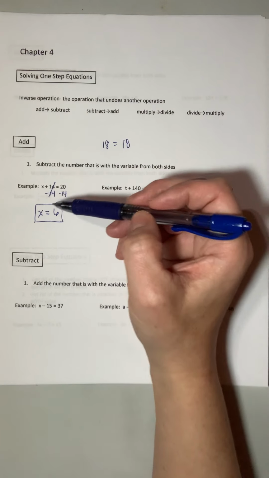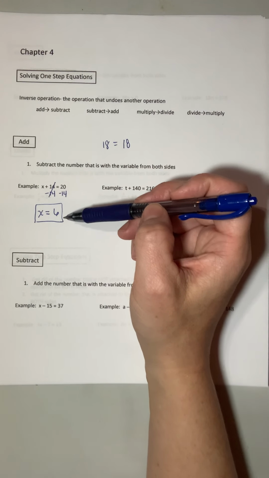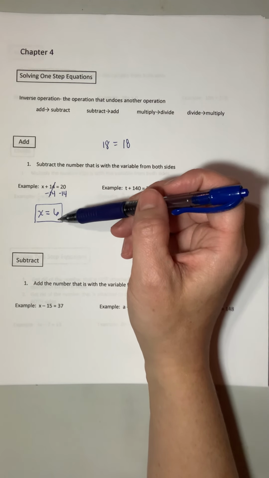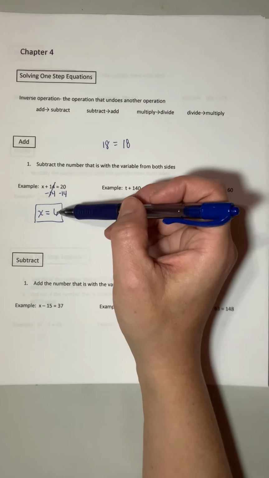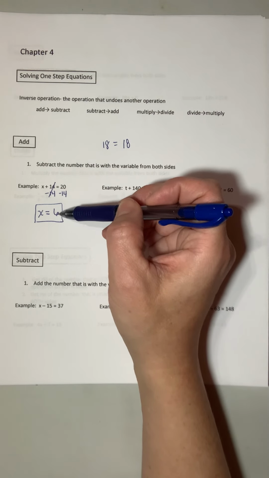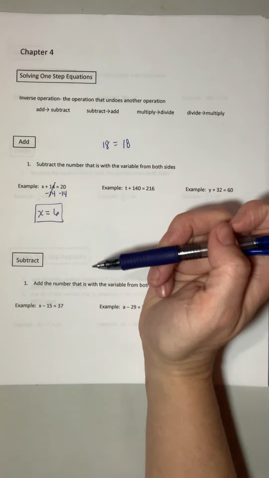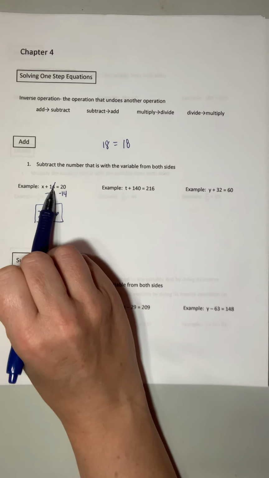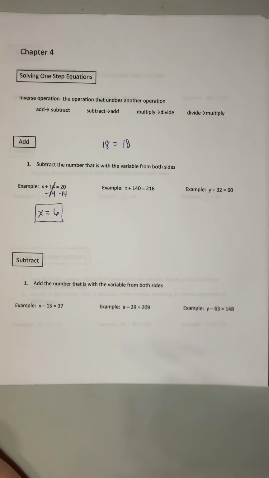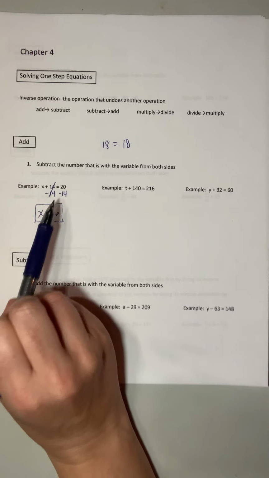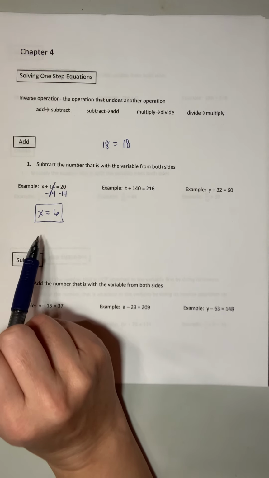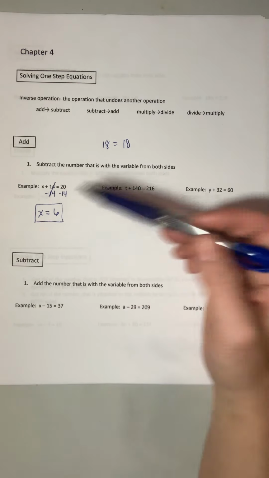And we are done. If you ever want to check your work, and you can always do that with algebra equations, you take that number and plug it in where you see the x. Is 6 plus 14 equal to 20? Yes, it is. These are called one-step equations because it took us one step to get to the answer. Subtract, got the answer.